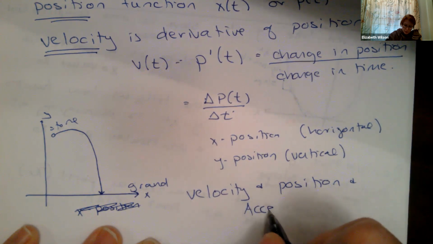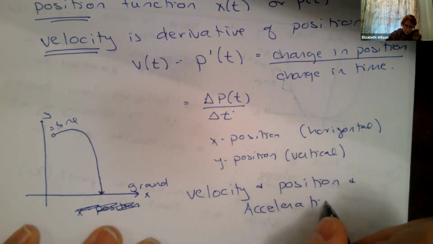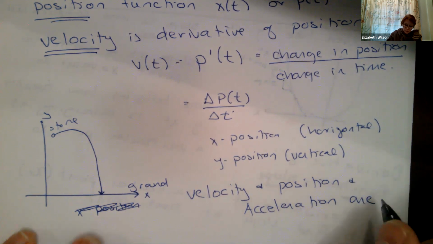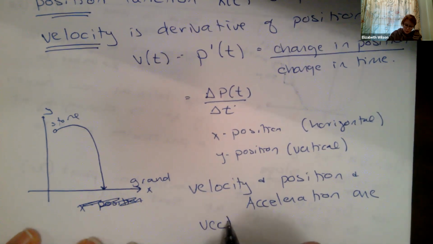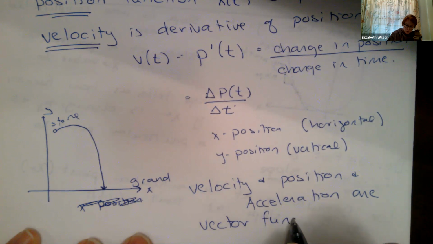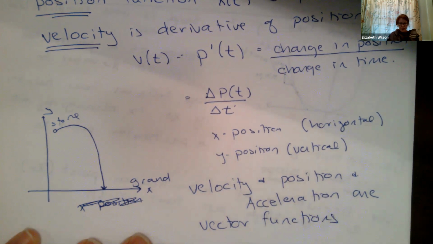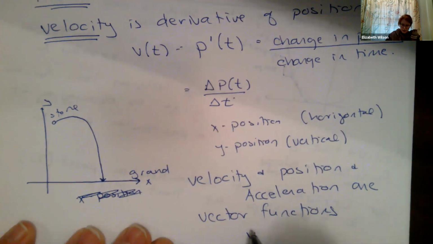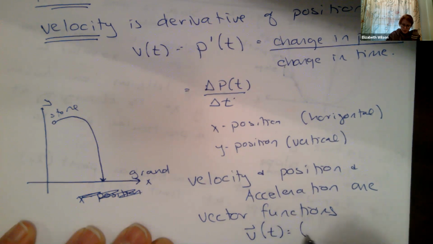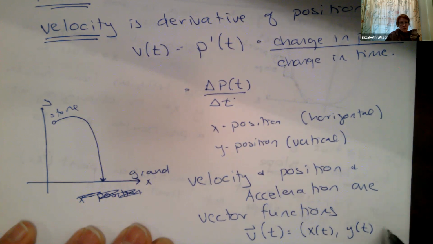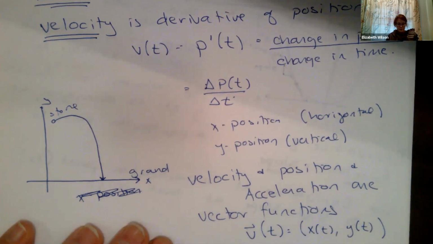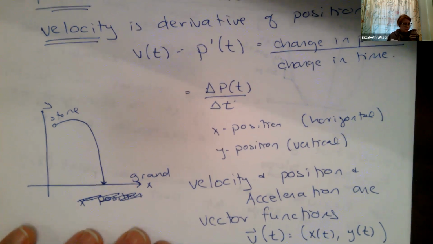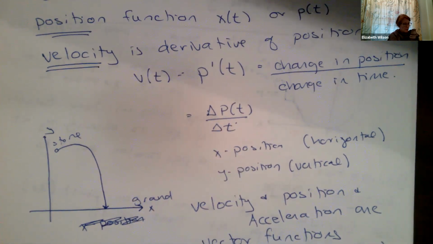We're going to talk about that later. These are often vector functions, where for my velocity I'll have an x and a y, and if it's in 3 dimensions, I'll have a z. But in this case, we just have an x and a y. So let's think about how we want to do it.